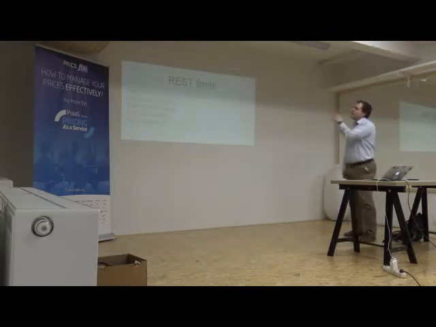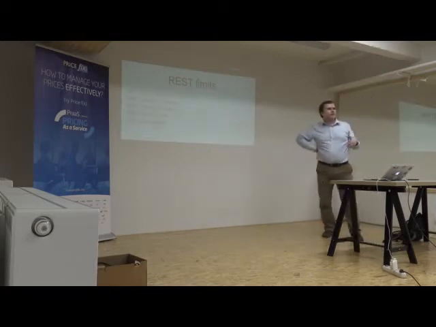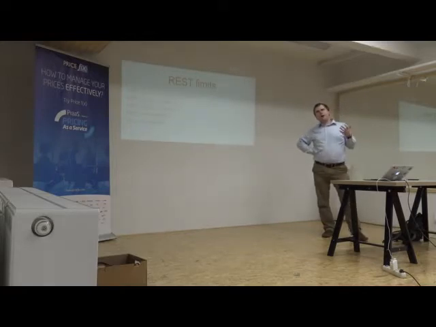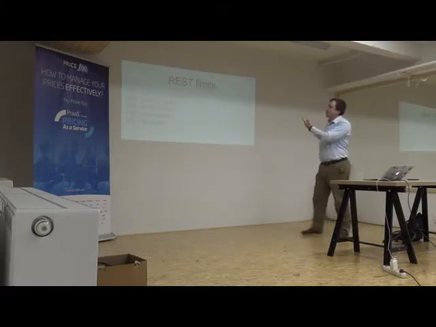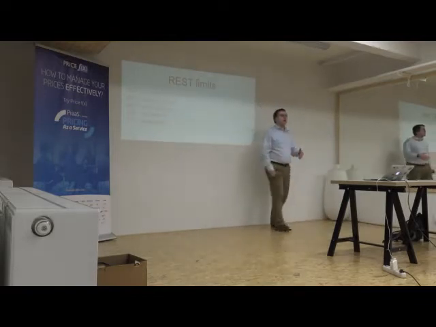What are the limits of REST? Usually today, the external API in most cases is REST. It's not GraphQL. There is no reason why it shouldn't be GraphQL, but it's still not GraphQL. So, what are the limits? Typically, the problem is with correlated requests.